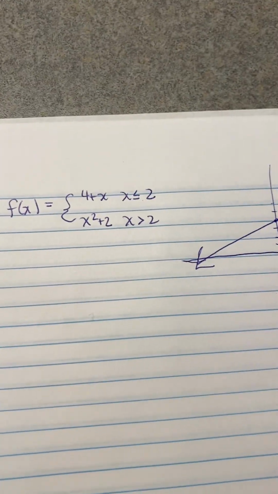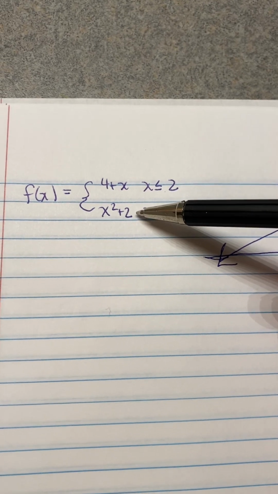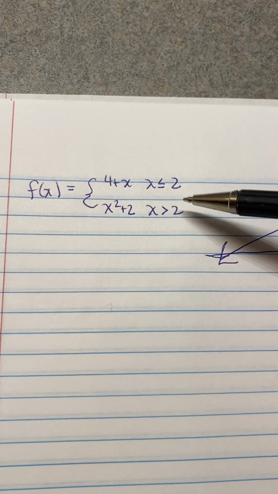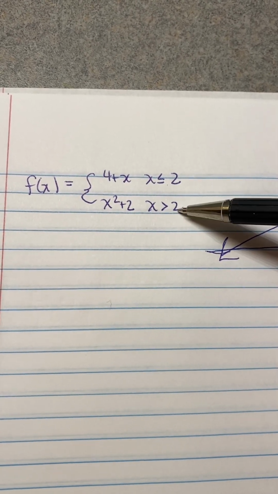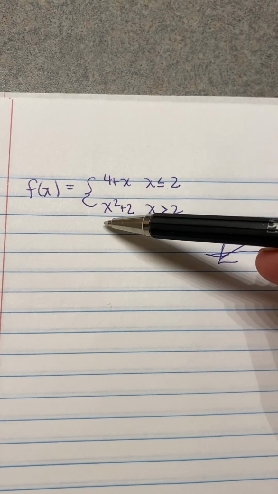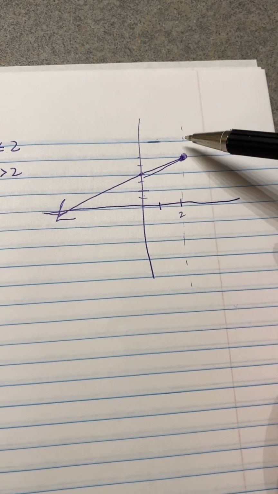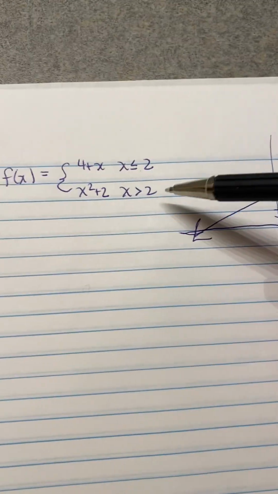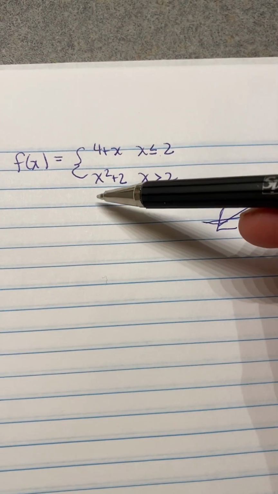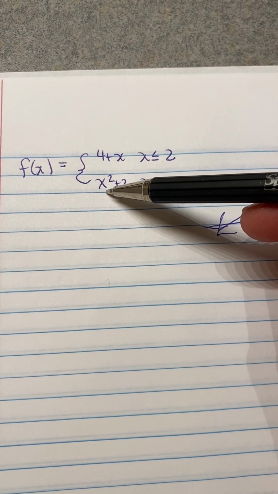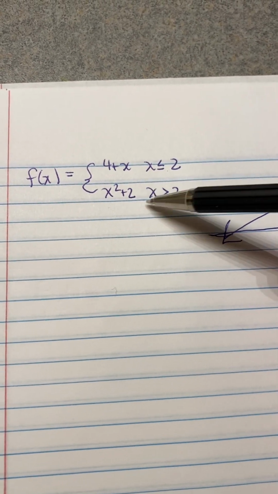All right, now my second equation, x squared plus 2, I'm going to use 2 again here, and I'm going to evaluate, but when I put it on my graph, I'm going to use an open circle. All right, so if x is 2, 2 squared would be 4, plus 2 is 6. Oh, lo and behold, it's the same.